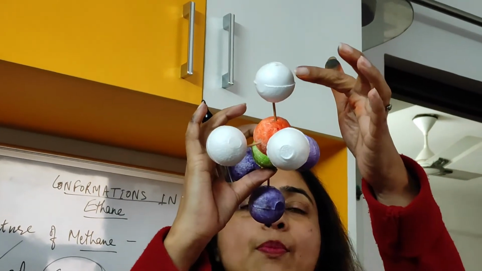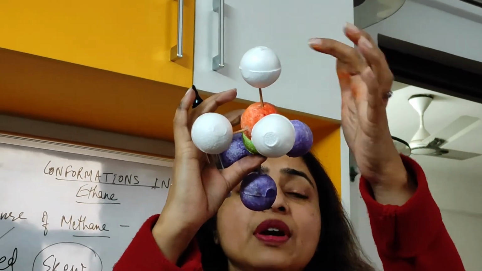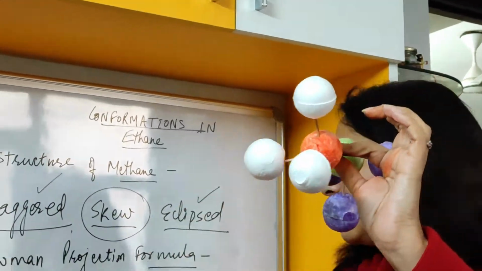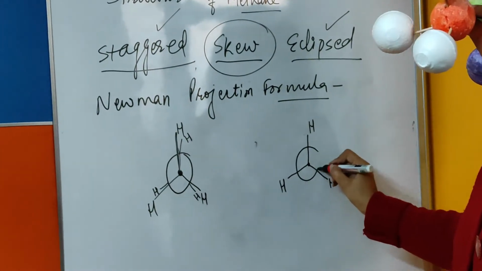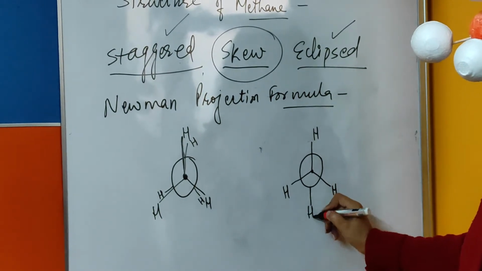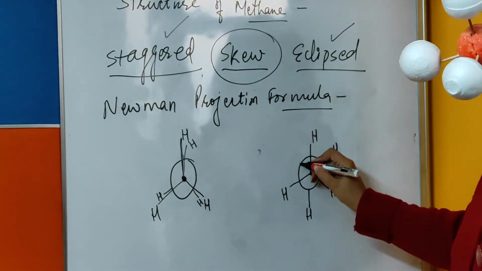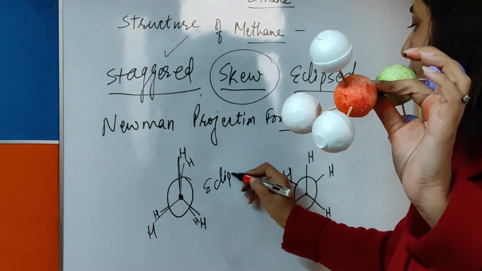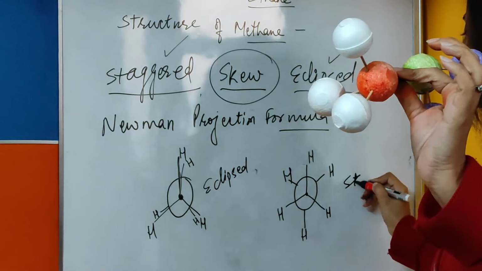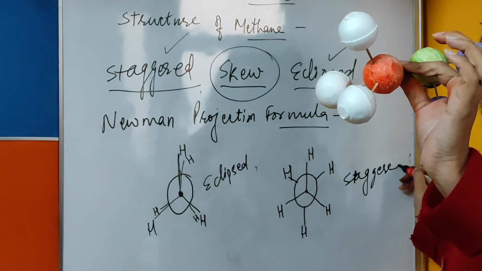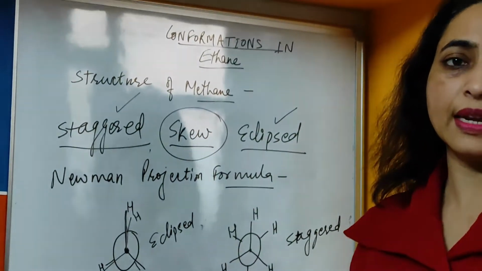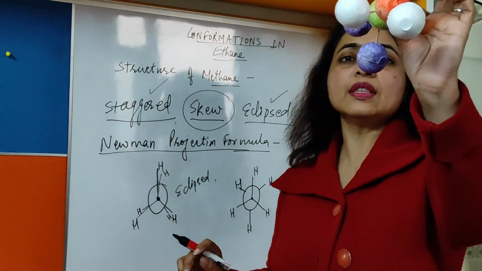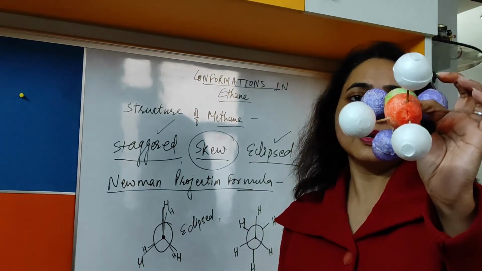Here is the hydrogen of the front carbon, here the hydrogen of the back carbon. So we can show it with the big circle, and this is the hydrogen of the back carbon. So this is eclipsed, this is staggered. This is how we can represent the conformations of ethane. By the Newman projection formula, we are viewing the molecule from the front.